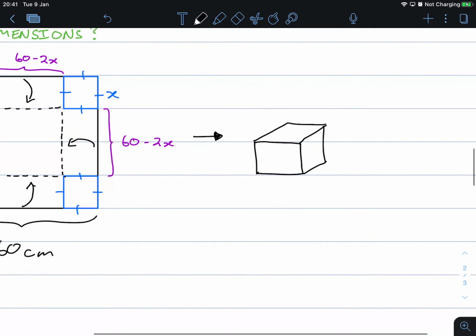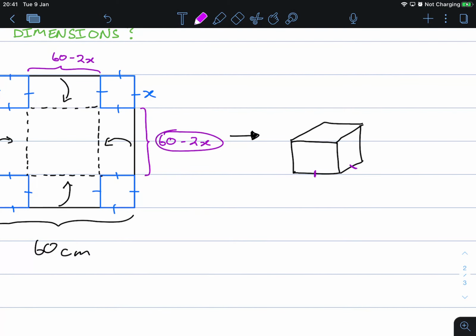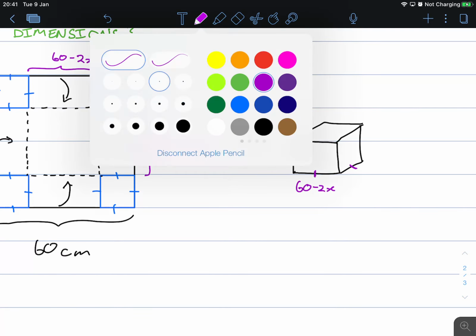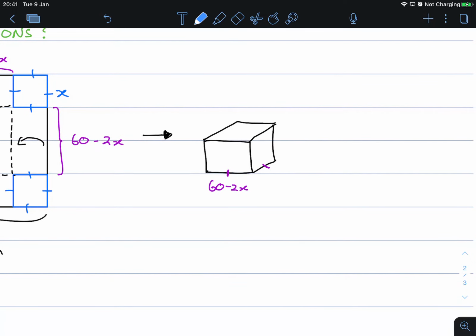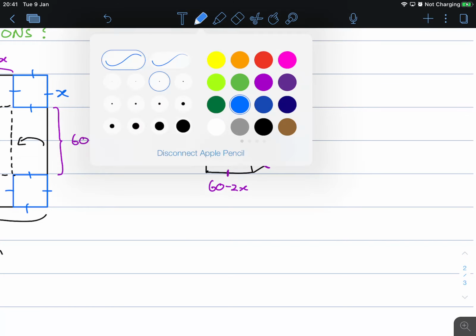There we are. Where this base here is actually this square here. And the height of this box, because we folded it up, is going to be the length of the squares that we cut out. So that's actually going to be x.